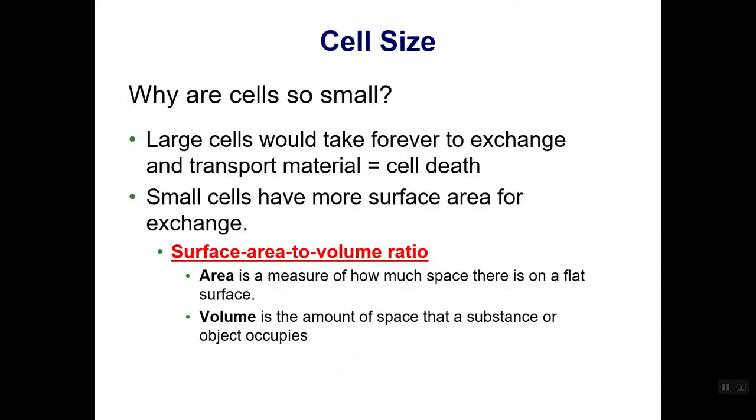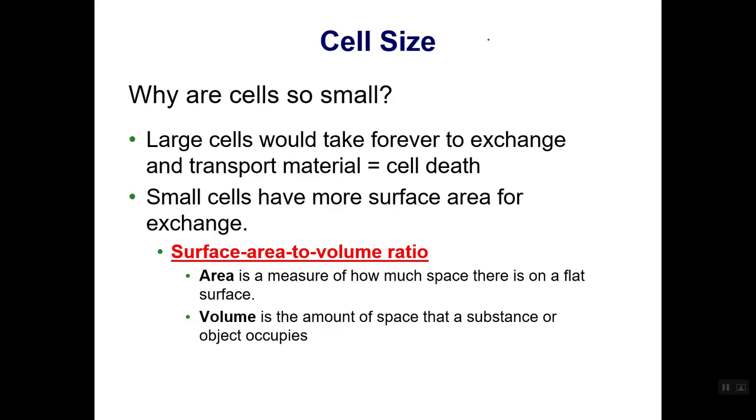Okay, so now that you know about what size cells are in general, why are they so small? So cells are so small because one thing that's critical for them to be alive is that they are capable of transporting materials. Okay, and if a cell is really, really large, then that transport is going to take a very long time.